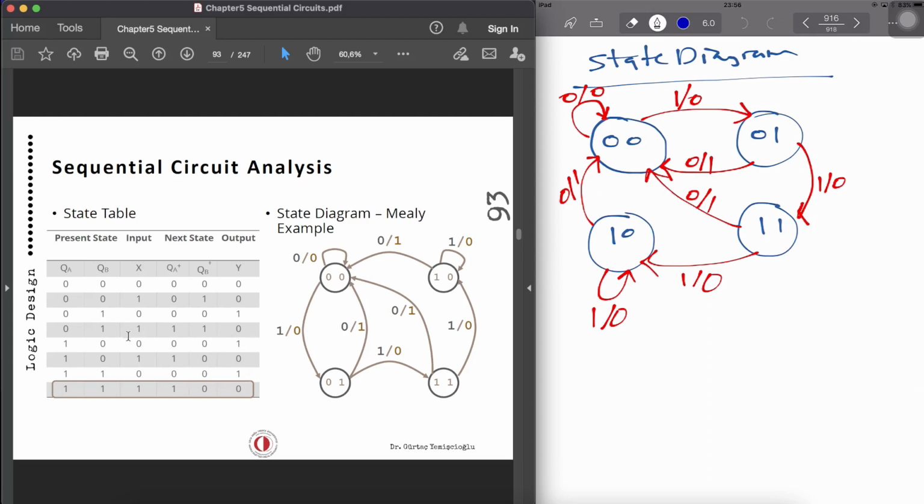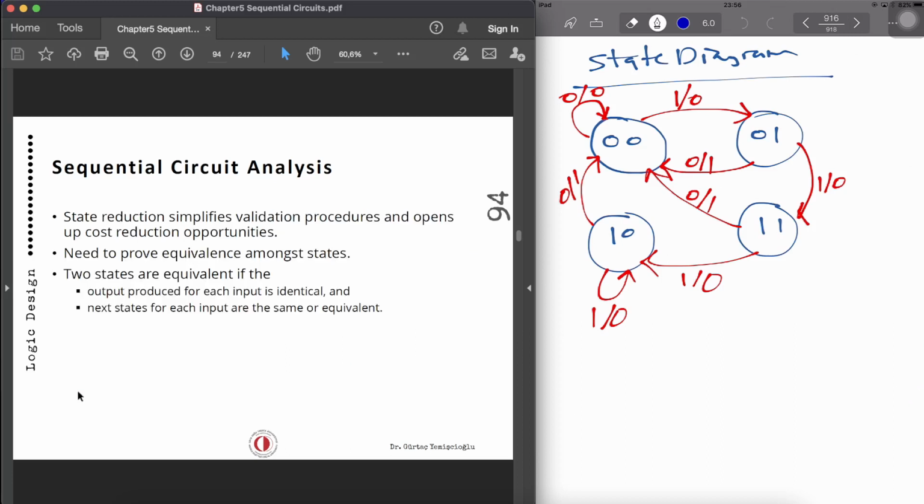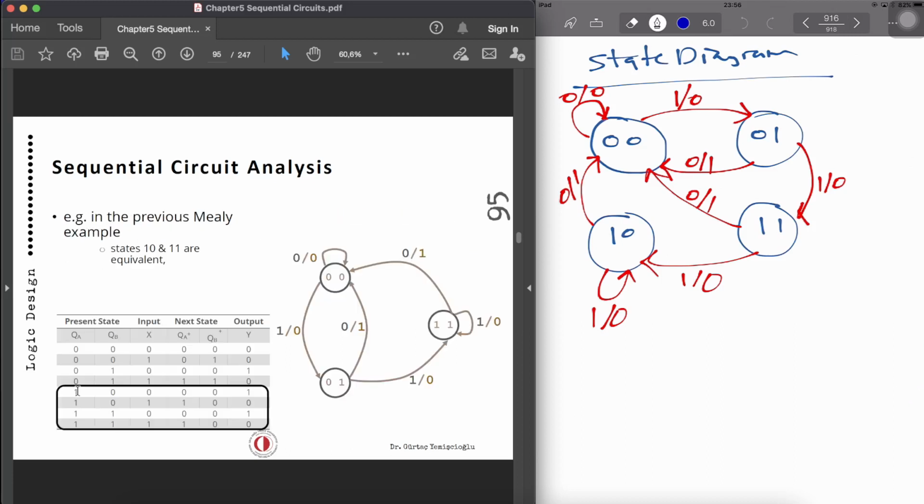Now, when the input is 1, next state is 1, 0, output is 0. So we can easily see that these two are identical. They are equivalent to each other. So what we can do is get rid of one of those.